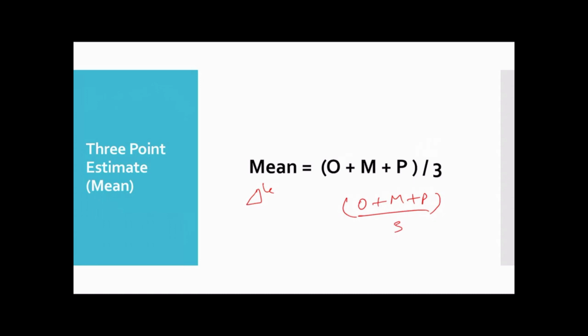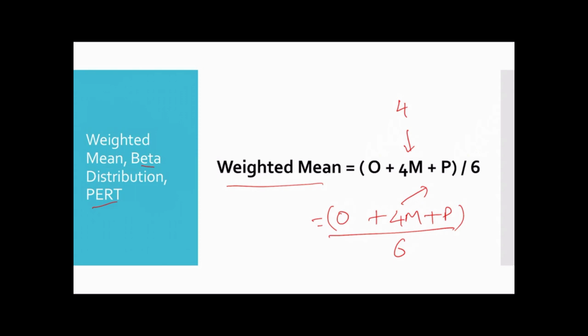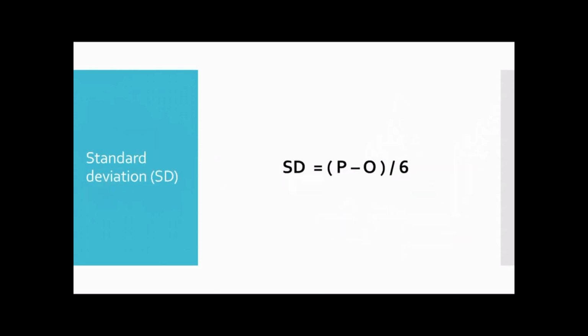That's the three-point formula of the triangular distribution. Then you have the beta distribution or PERT. It's called weighted mean, in which the most likely value gets more weightage of 4. So weighted mean is optimistic plus 4 times most likely plus pessimistic, whole divided by 6. So weightage is given to the most likely. That's why it's called weighted mean.